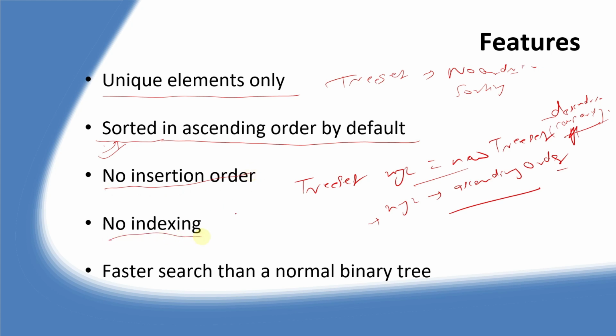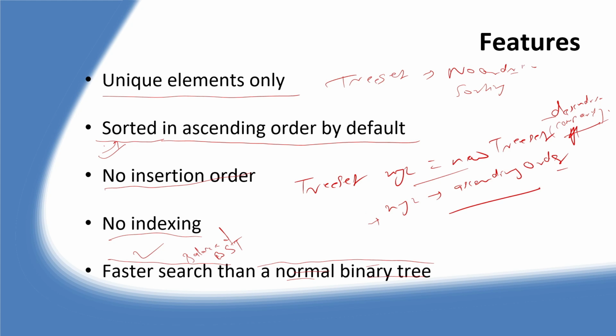It does not support index-based operations. It is faster in search than a normal binary tree, because it is a self-balanced binary search tree, which we call BST. A balanced search tree, so it is faster in search. TreeSet provides multiple constructors.